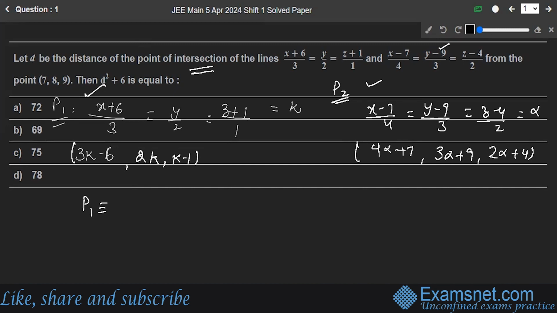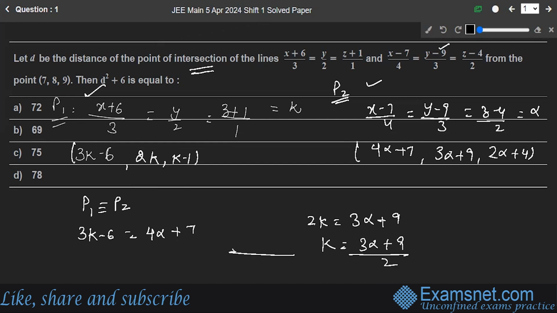So technically you have P1 equal to P2. This gives me 3k minus 6 is equal to 4 alpha plus 7. Also, 2k is equal to 3 alpha plus 9. So let's solve for this. You have k is equal to 3 alpha plus 9 upon 2.